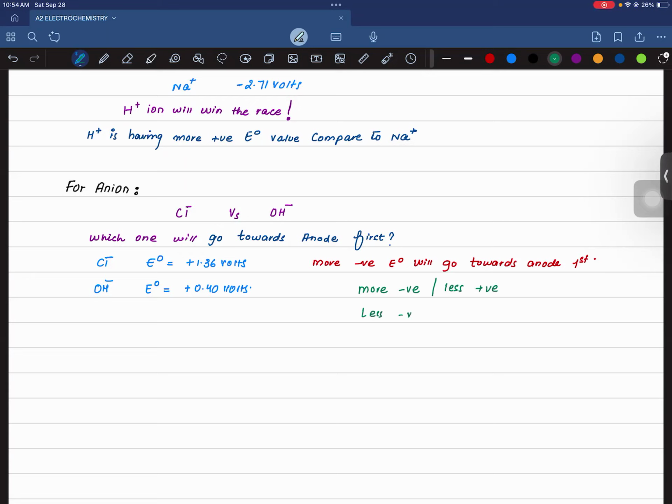Now you have two values. It's positive 1.36 and positive 0.4. So the less positive one is more negative, and the more positive one is less negative. So obviously, OH minus will win the race because it has the more negative E naught value.